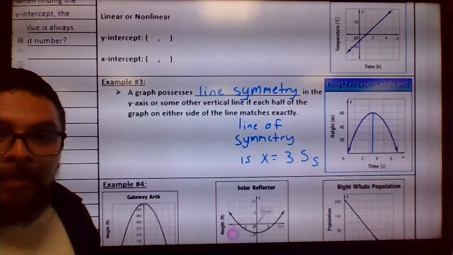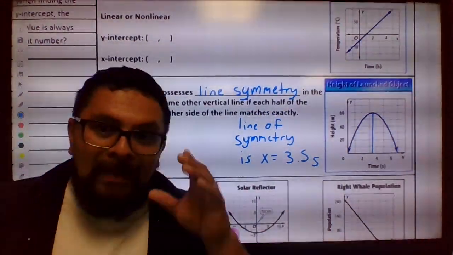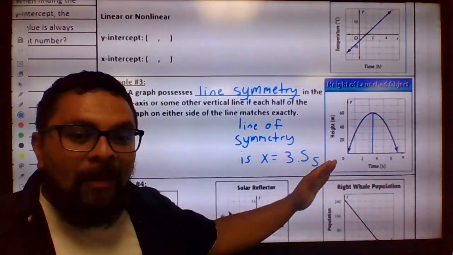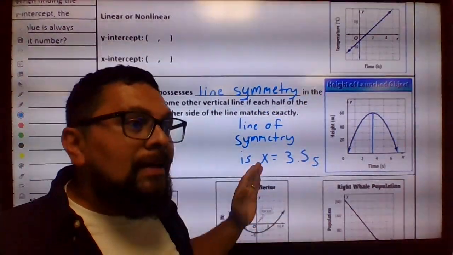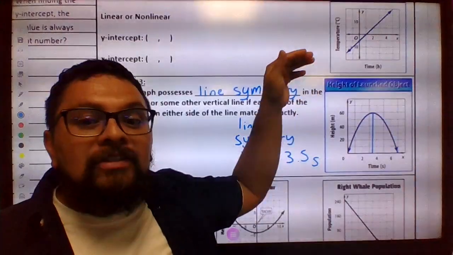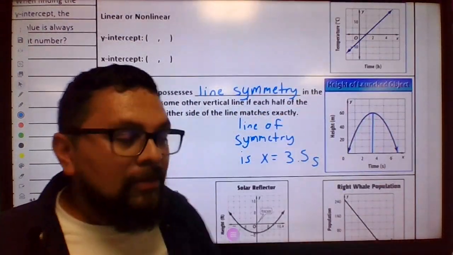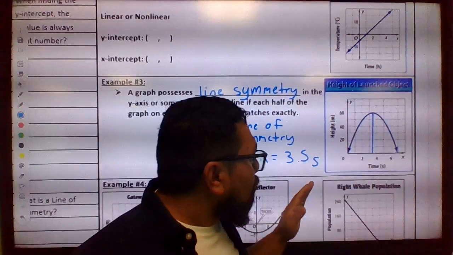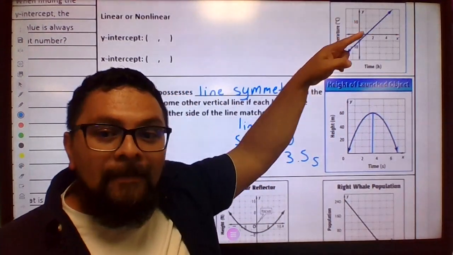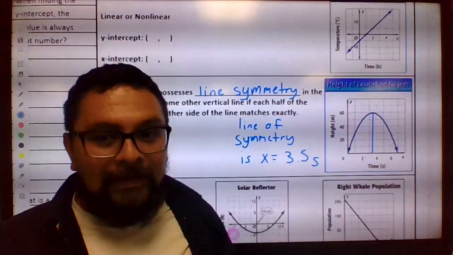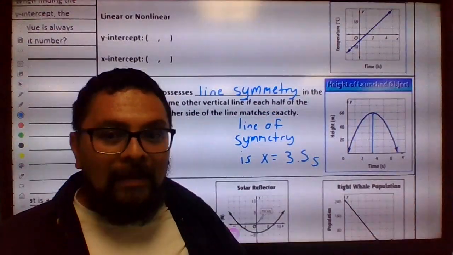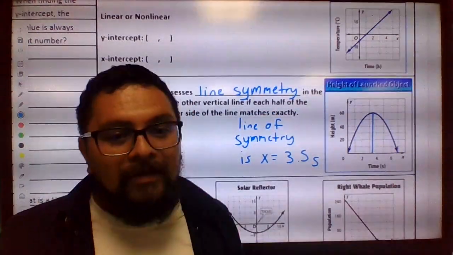Now, this is what this means. This means that this object was launched in the air, and it took the same amount of time to go up and the same amount of time to come down. So it took 3.5 seconds to go up 60 feet, and then it took 3.5 seconds to come down 60 feet. So a total of 7 seconds in the air before it fell back to the ground.